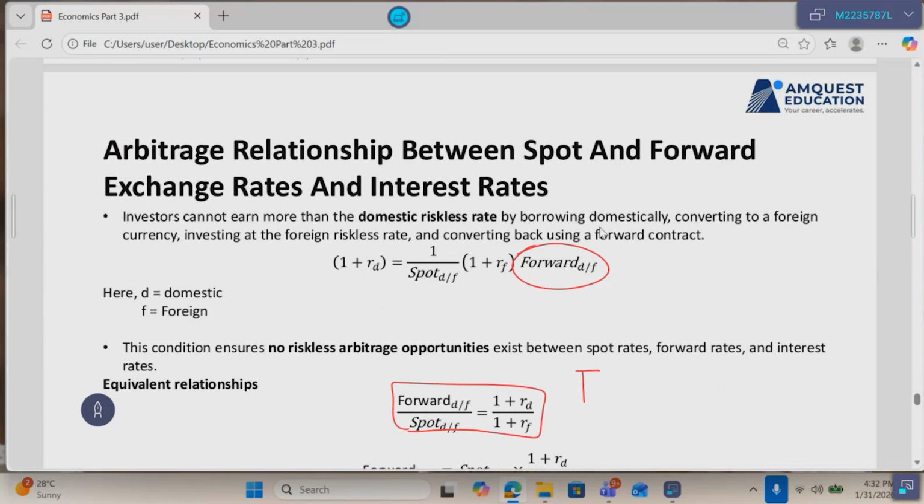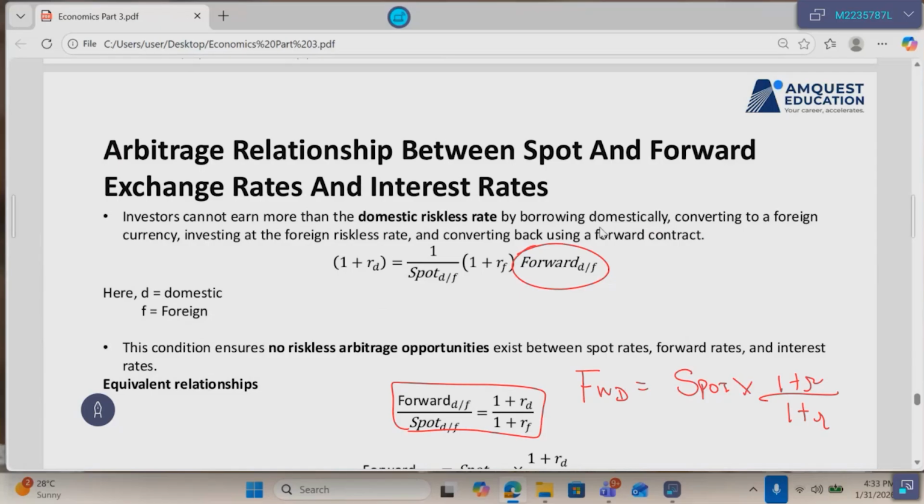The forward rate is nothing but the spot rate into (1 plus R) upon (1 plus R). Here, now if you remember, last night I taught you a very important concept. Which R will you take, right? Base price currency.